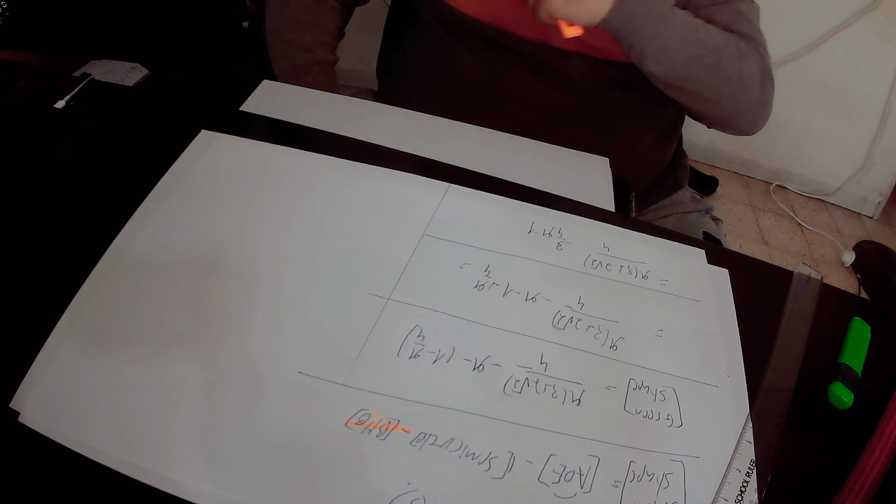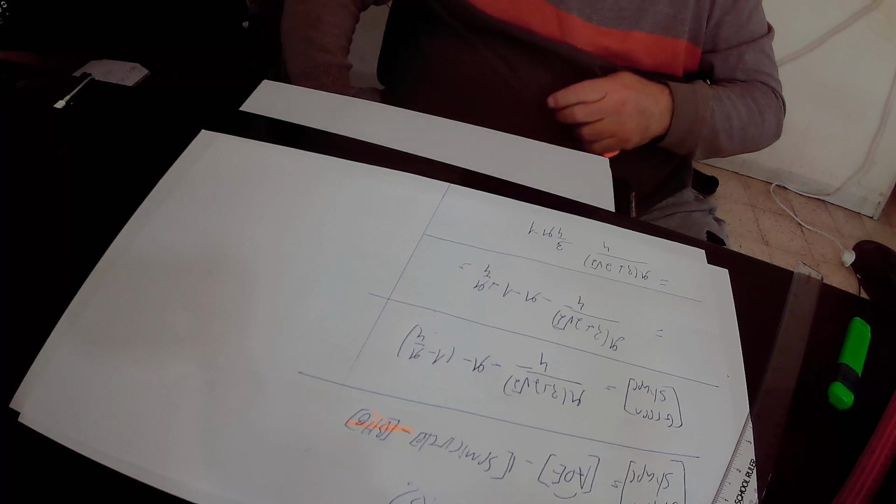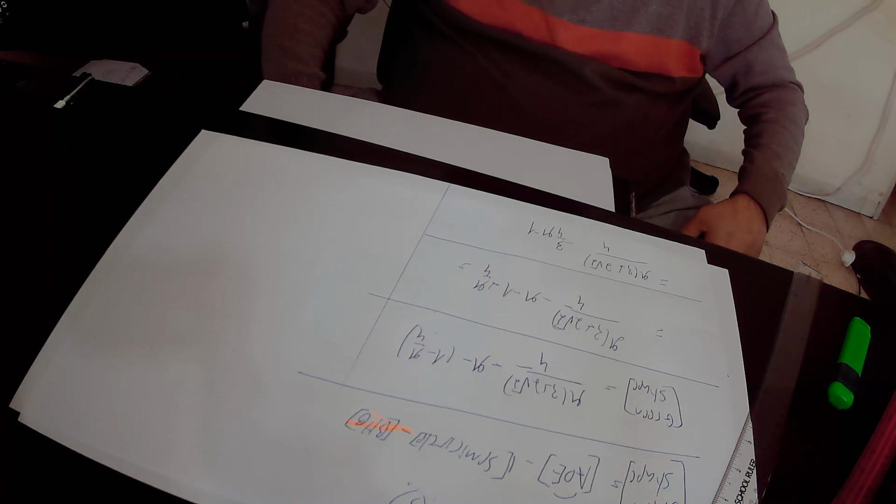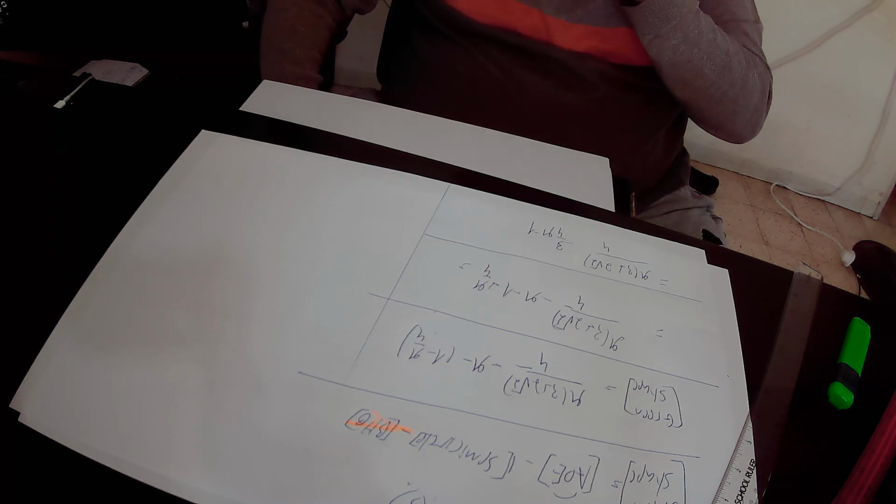So here we multiply minus 1 by 4 and then we divide it by 4 in order to have a common factor with the other two expressions that also have 4 in their denominators.